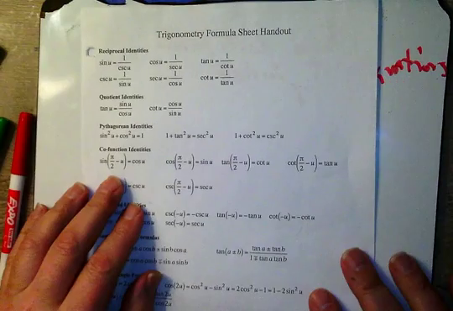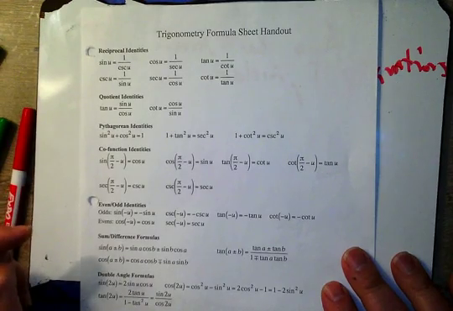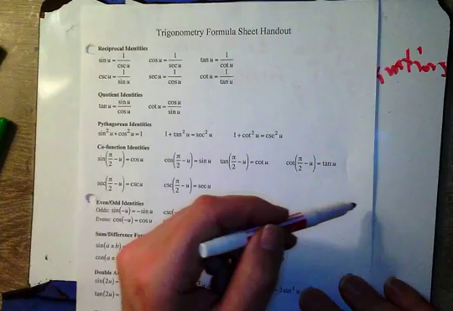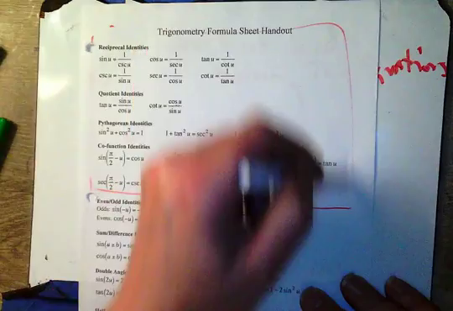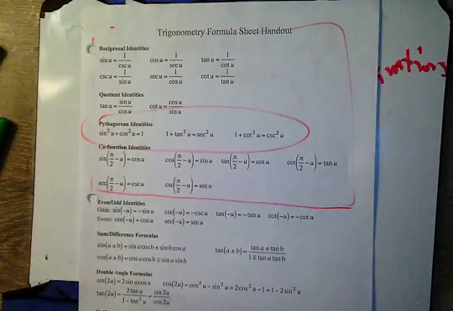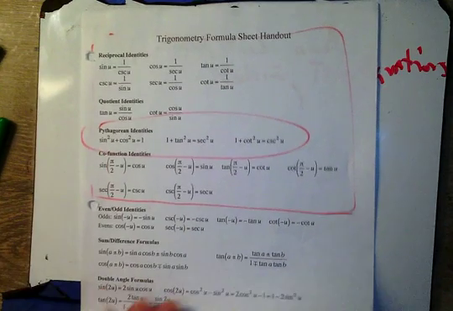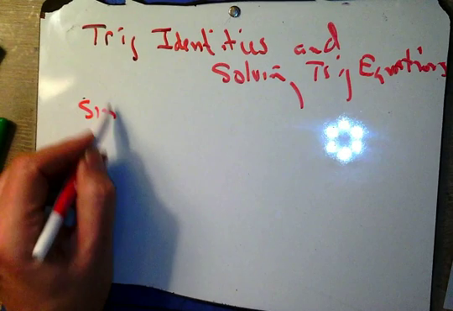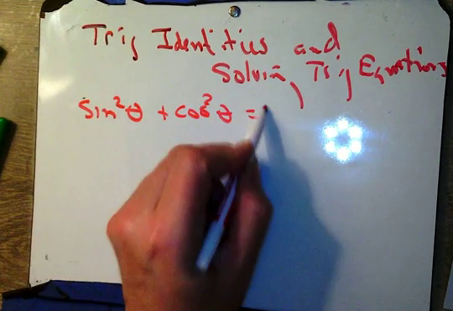On a word of note, you definitely need to know all of these. But remember we also talked about the rewritten forms of these. So it's great if you know that sine squared plus cosine squared equals 1.